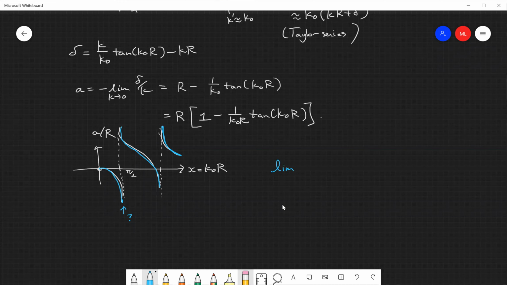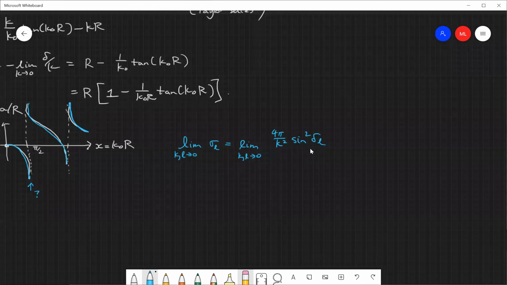If we look at the limit as k goes to 0 of the scattering cross section coming from the L equals 0 mode, remember that we derived from the partial wave expansion that this is 4 pi over k squared sine squared delta L. If delta is small, which it is as we send k to 0, this is equal to the limit as k goes to 0.